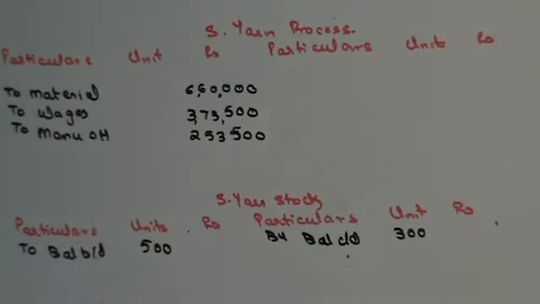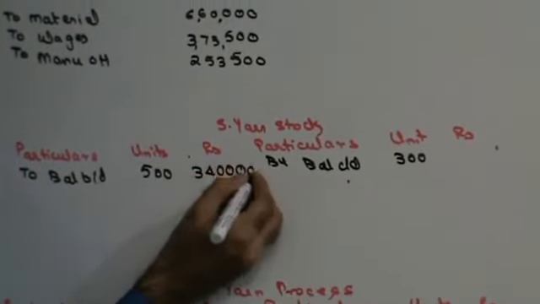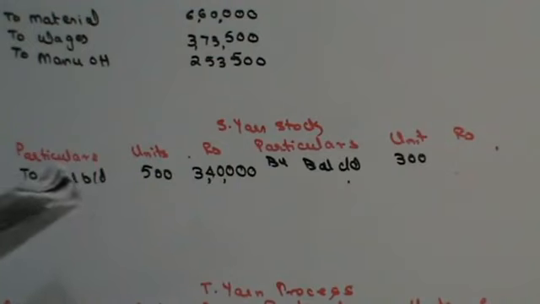Next, value of opening stock is given to you as 680 rupees per unit. My opening stock is 500 units multiplied by 680, that will give you 3,40,000. So this finishes all the information about SY process.